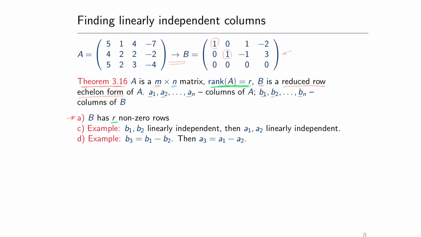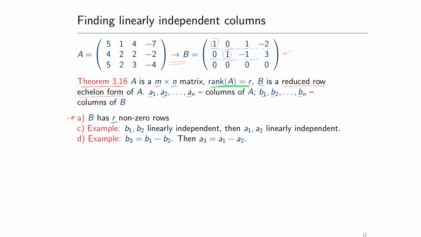In the reduced echelon form, every non-zero row has a pivot. Moreover, the columns of pivots contain all the other elements 0. That makes these rows linearly independent.